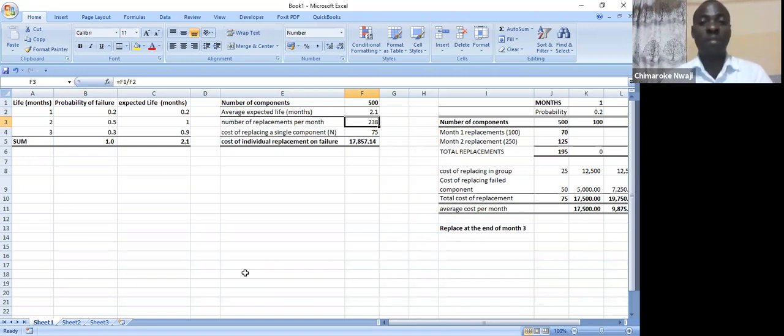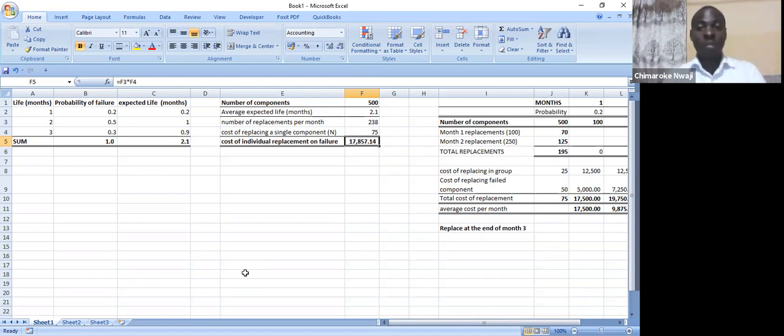238 replacements. Each time you're making a replacement of 1, you are making it at 75 naira. Then the cost of individual replacement will simply be 75 multiplied by 238.